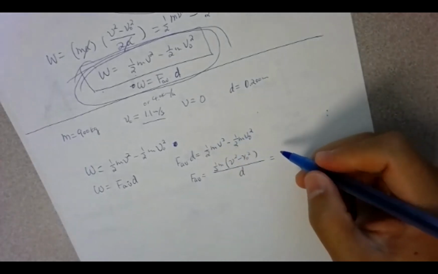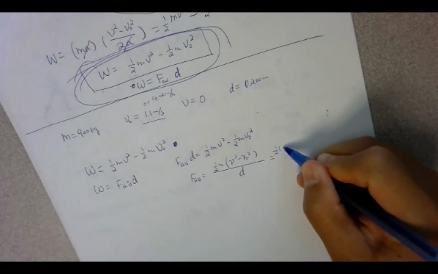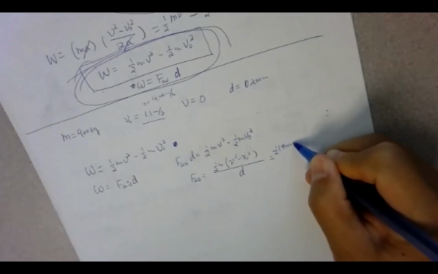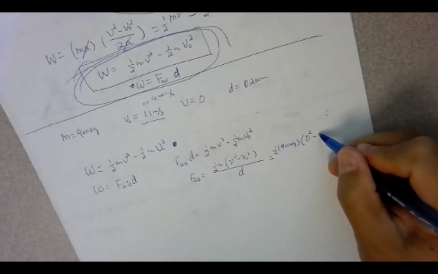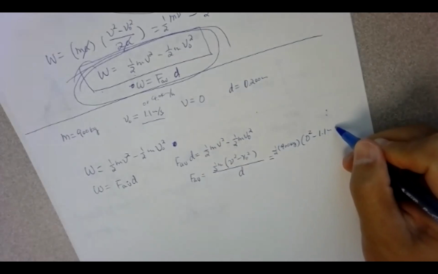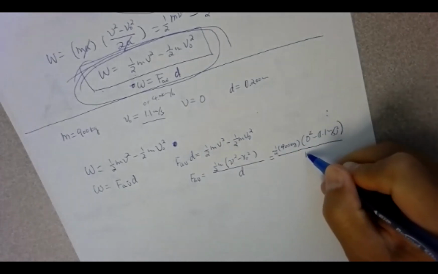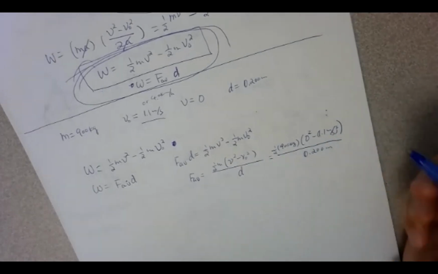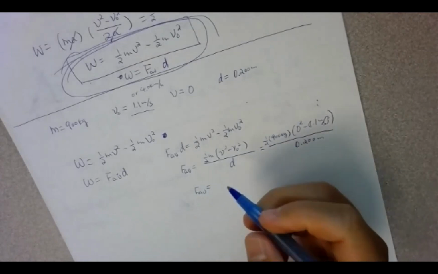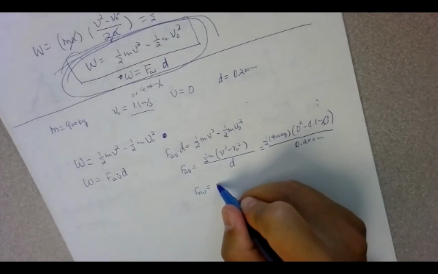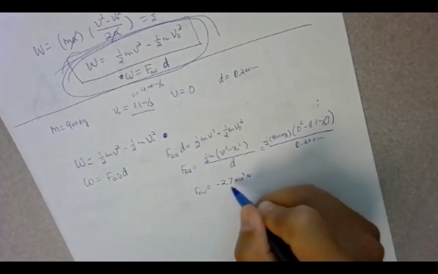So this is 1/2 times the mass of 900 kilograms times the final velocity 0 minus the initial velocity 1.1 meters per second squared, divided by the distance traveled 0.200 meters. I end up with the average force being roughly minus 2.7 times 10 to the third newtons.